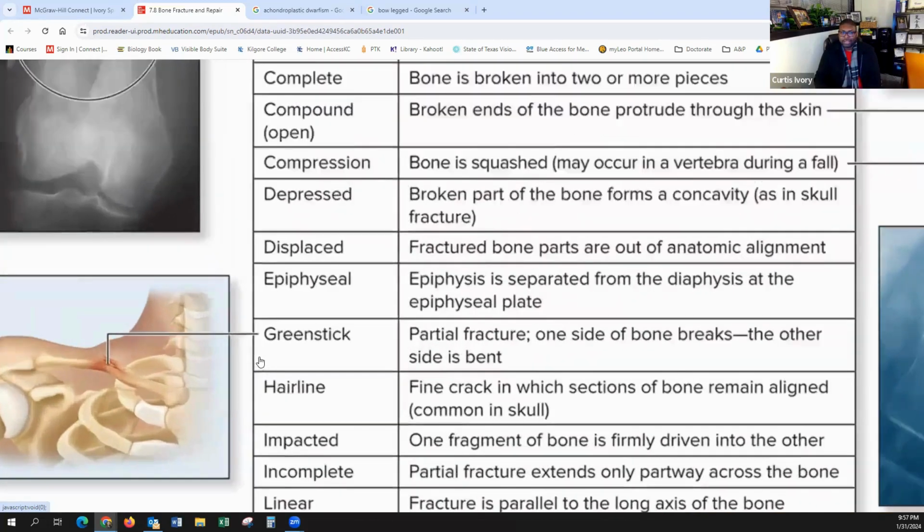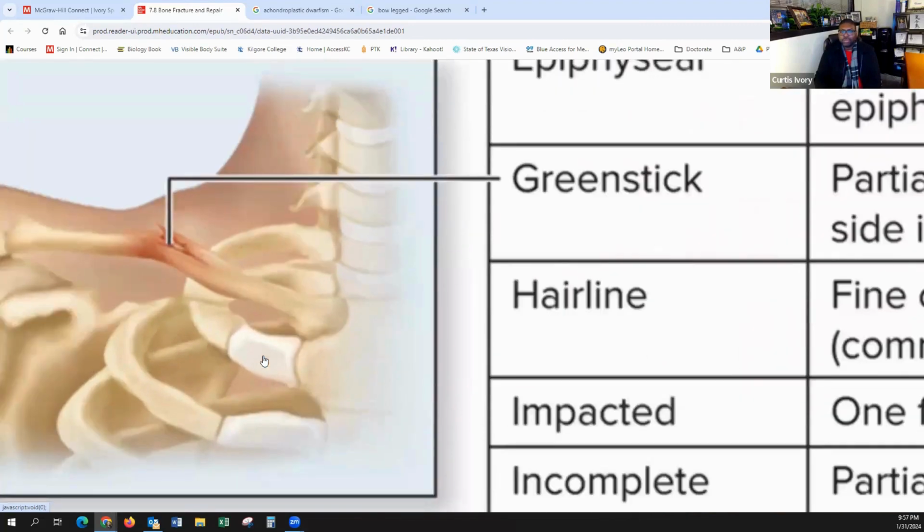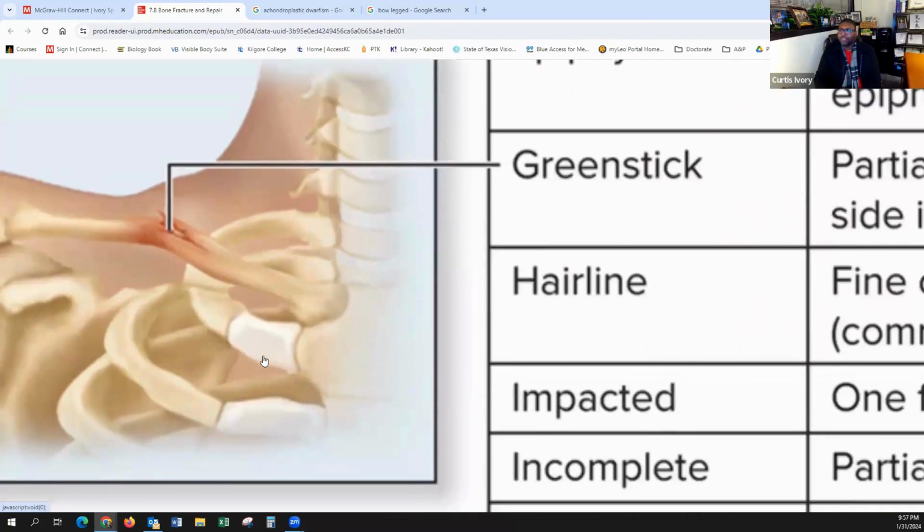Green stick. Think about if you took a stick off a living tree and then you broke it in half.